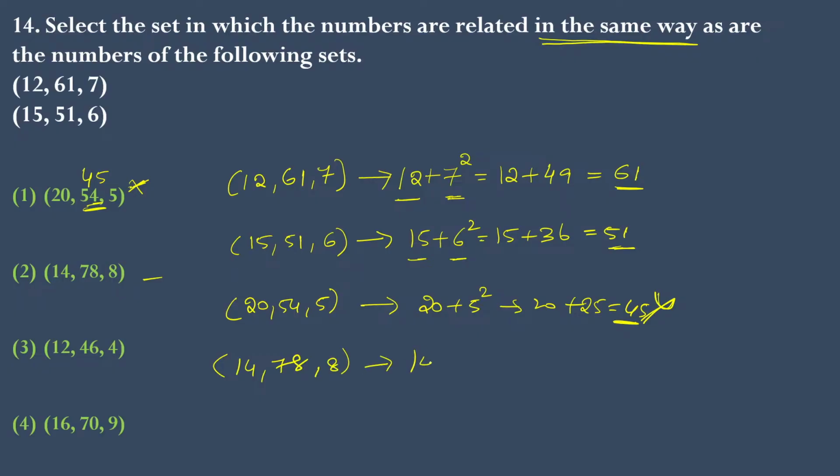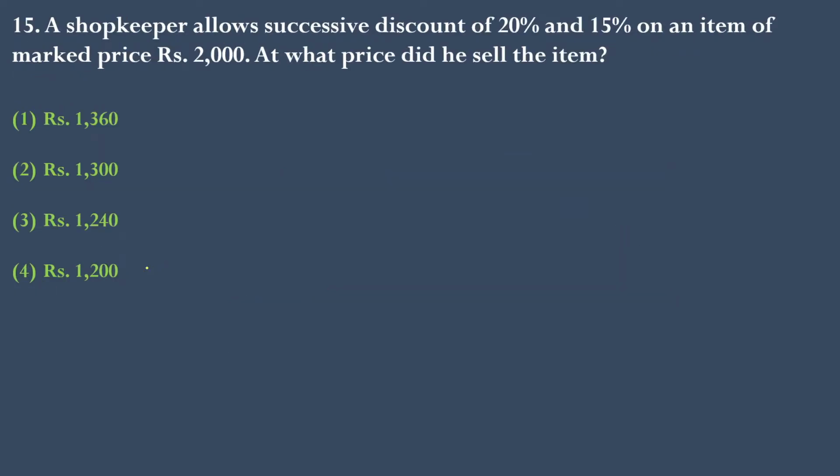First number plus third number square, so 14 plus 64 we get 78. Yes, the middle number is 78. Option 2 is correct.